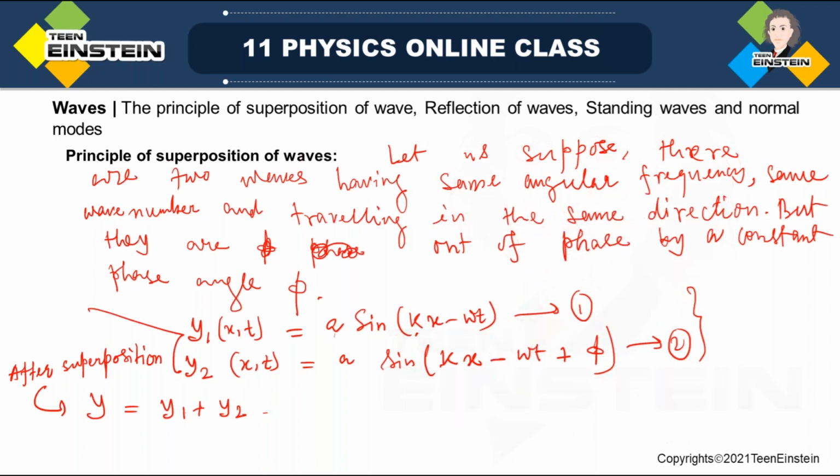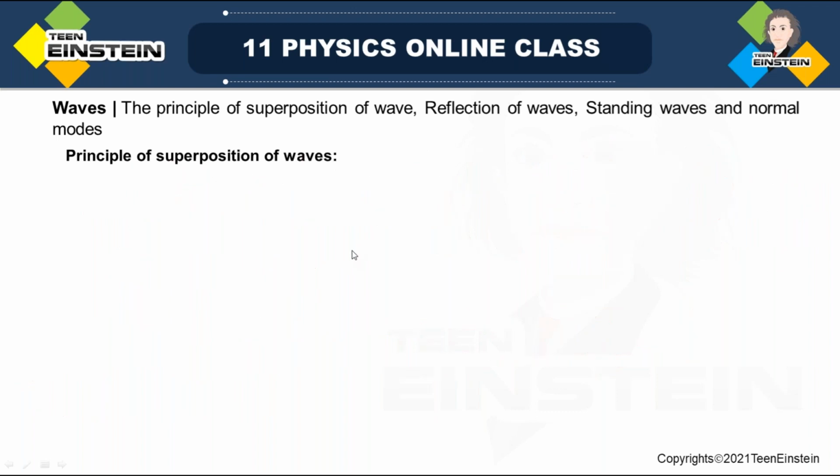So I have written the facts. I hope you remember the facts. I'll just go with the mathematical part. So I have written y1 of x, t is equal to a sine of kx minus omega t, and another one. This can be written in either way also, omega t minus kx.